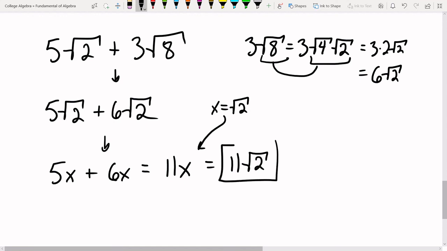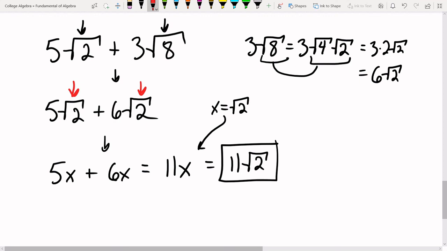As long as the radical, here we have a square root, and here we have a square root. These were not common radicals, but these radicals, the square root of 2 and the square root of 2, have the exact same index on the radical, and they have the exact same radicand, the thing on the inside.